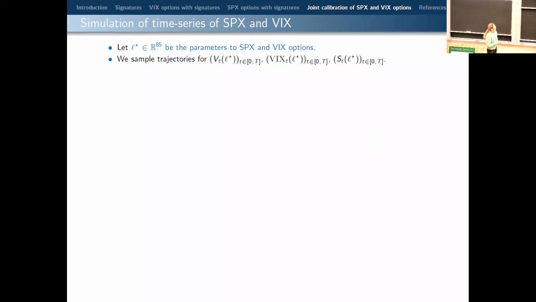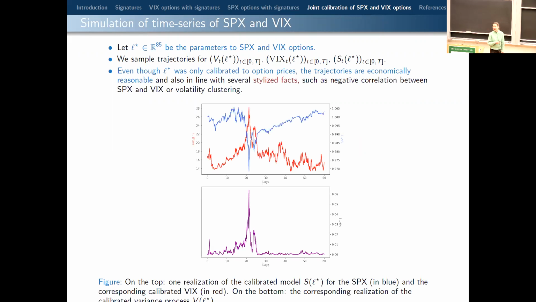And this is now showing you what the time series looks like. We only calibrated here 2 options, but the nice thing is that if you sample now from your model with the parameters L that are calibrated to the options, then also the time series looks quite nice.